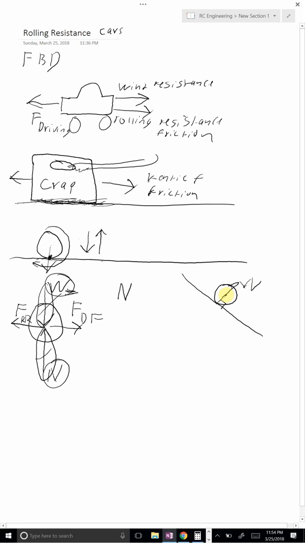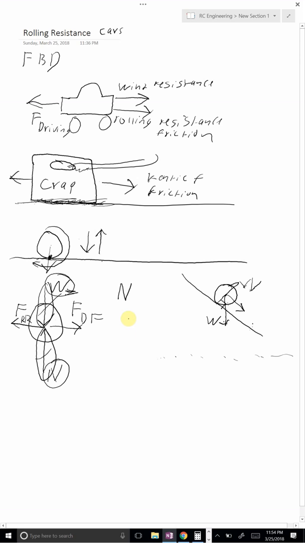But this wheel's weight is with respect to the world, this imaginary plane down here. So this is weight. This is not equal to this. Normal force is only a small fraction, because some of this weight is helping to pull it down the hill. It's helping the ball roll down the hill.